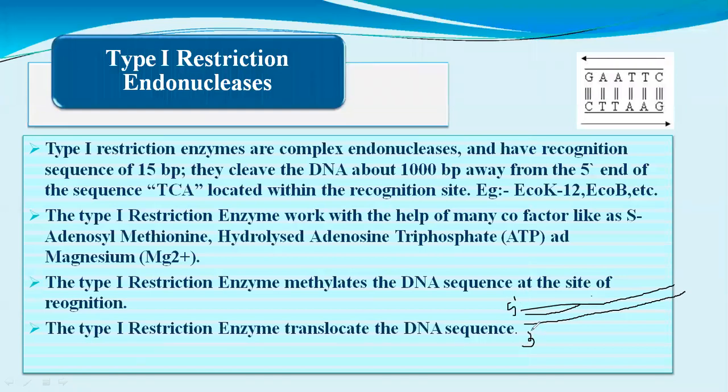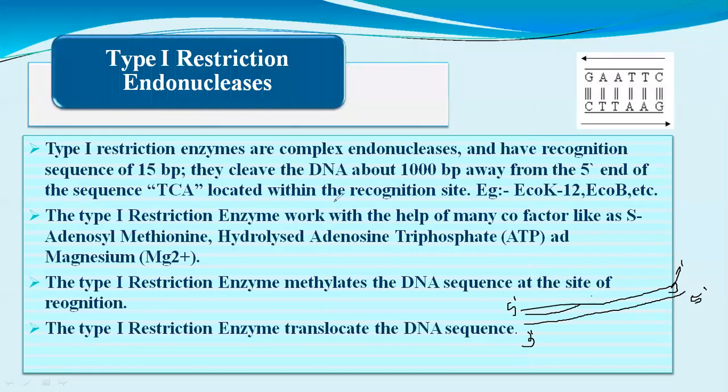Ma'am, it's 1,000. Somebody's mic is unmuted, please mute yourself. Ma'am, I want to say that it is 1,000 base pairs away from the 5' end. Okay, yeah, 1,000 is right. Thank you. So 1,000 base pairs.